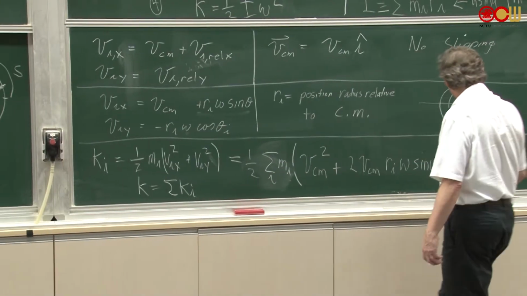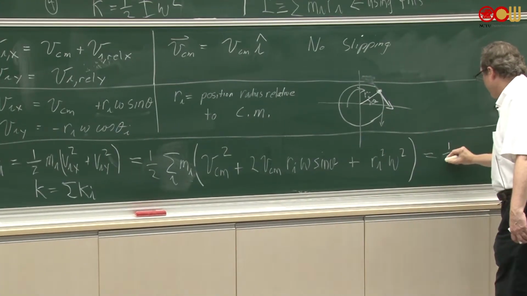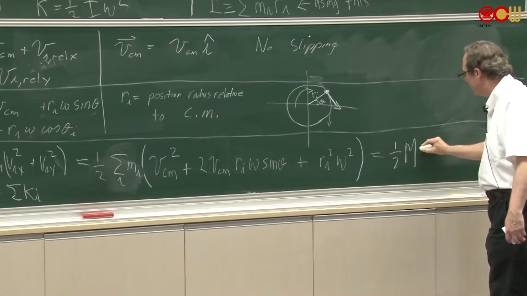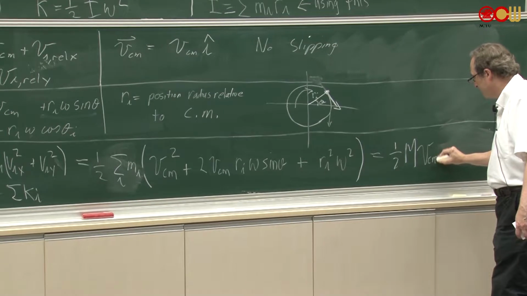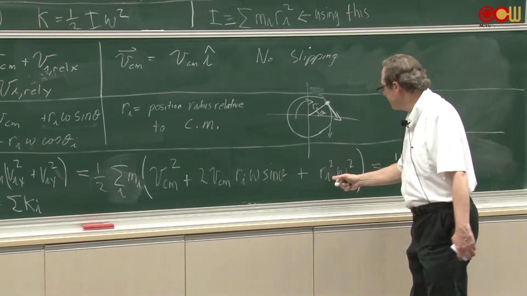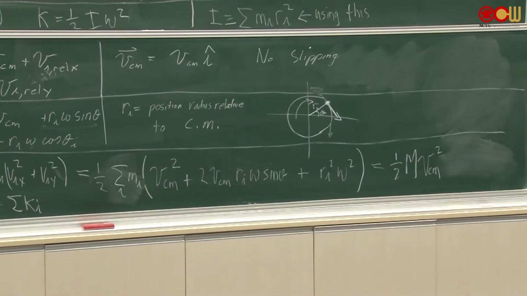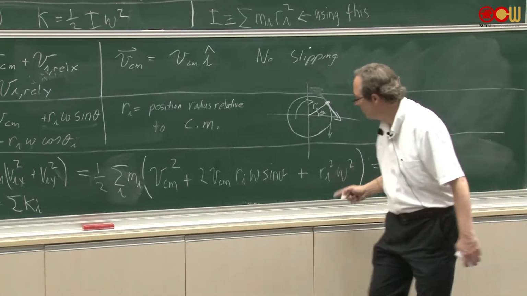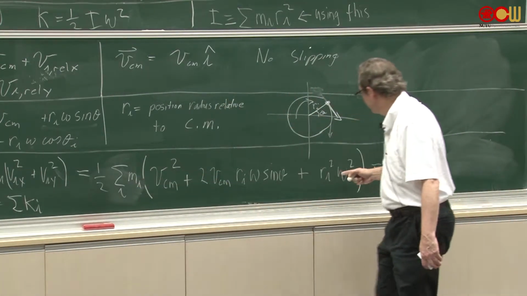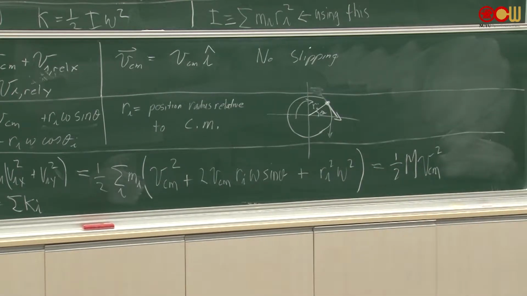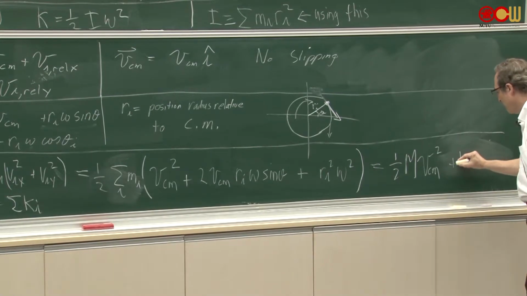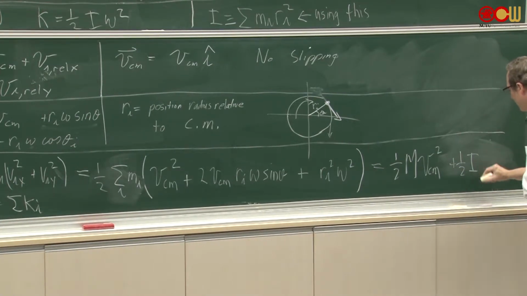So the first term is 1/2 the mass of the object times the center of mass velocity squared. What about the second term? Anyone recognize the second term? Not the second, the third term, this one. Anyone recognize that? There's an I in there. That's a 1/2 I omega squared.